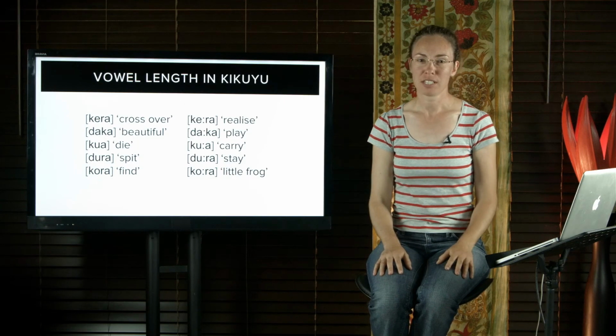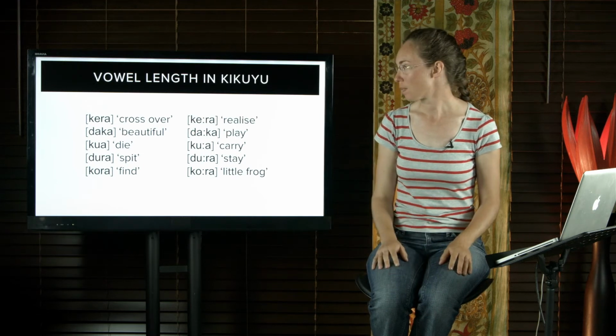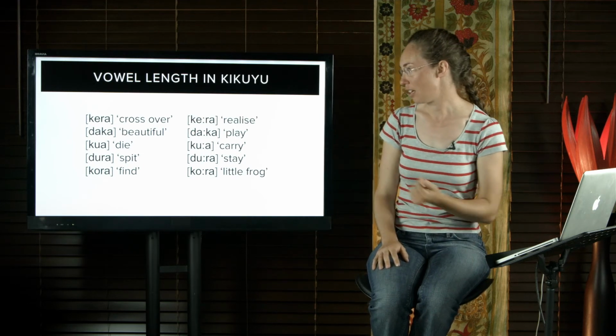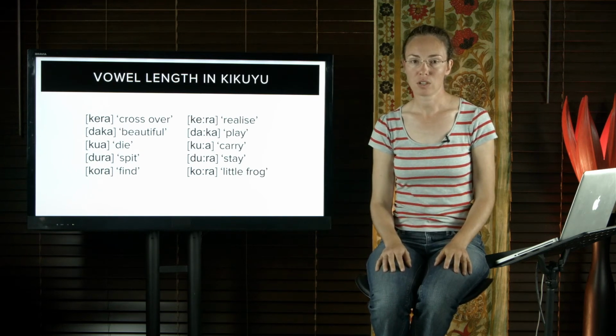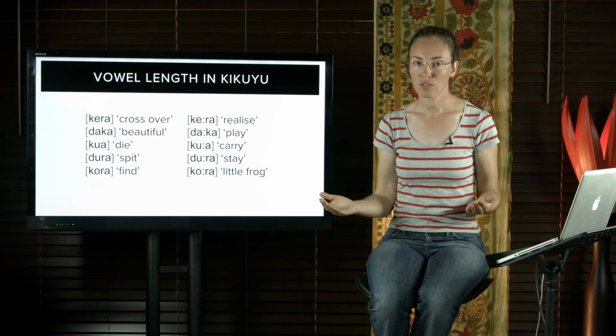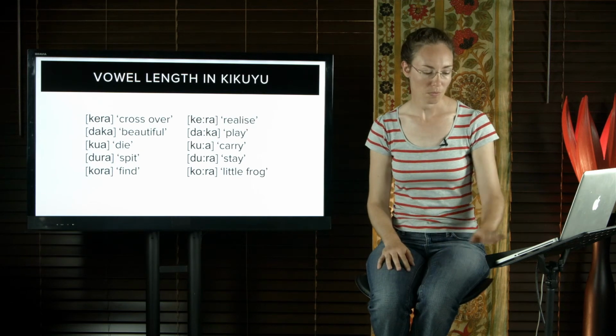Our first step is to determine if there are minimal pairs for the long vowels and the short vowels. There are, as you can see, they're right across from each other. So we stop. We can conclude that in Kikuyu, long vowels and short vowels are allophones of different phonemes.